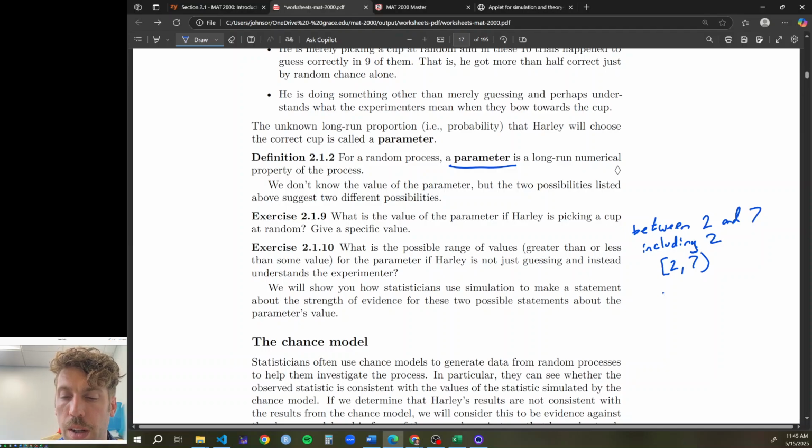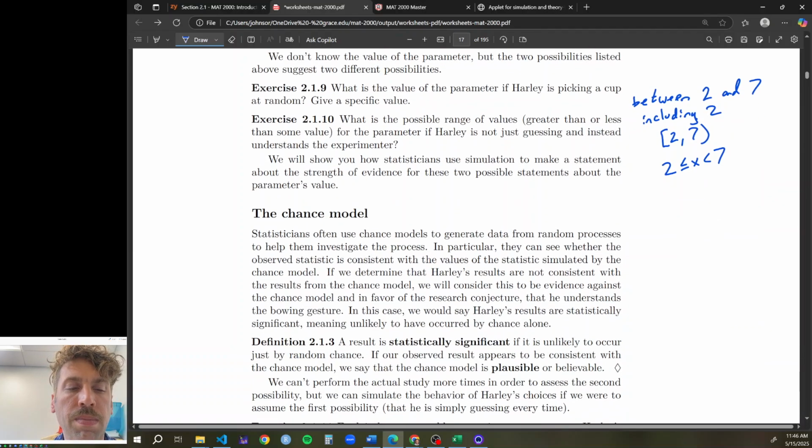Or you could do 2 less than or equal to x less than 7. You could also use words. So for number 10, you should be giving me an interval of possible values. And remember that the parameter we should be thinking about is a ratio. I used numbers 2 and 7; you should use different numbers.